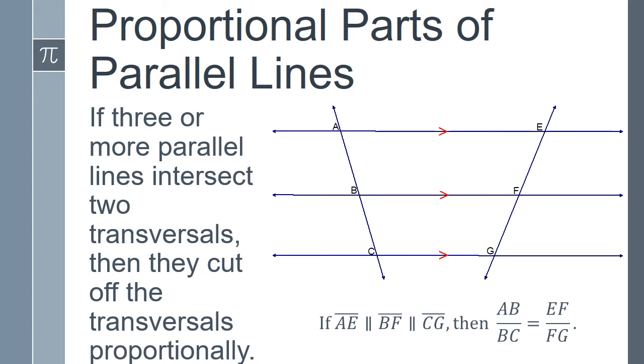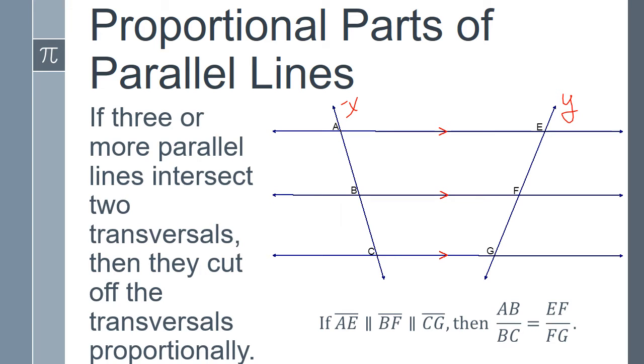Okay, so if 3 or more parallel lines intersect 2 transversals, then they cut off the transversals proportionally. The thing that you want to consider, let's say this is line X and here's line Y. We can see that sooner or later they're going to intersect and they'll form a triangle.